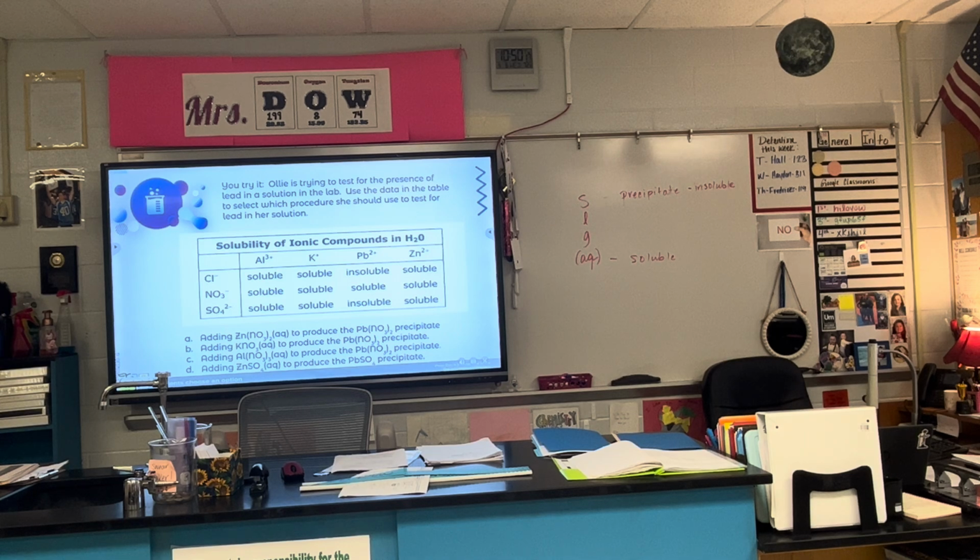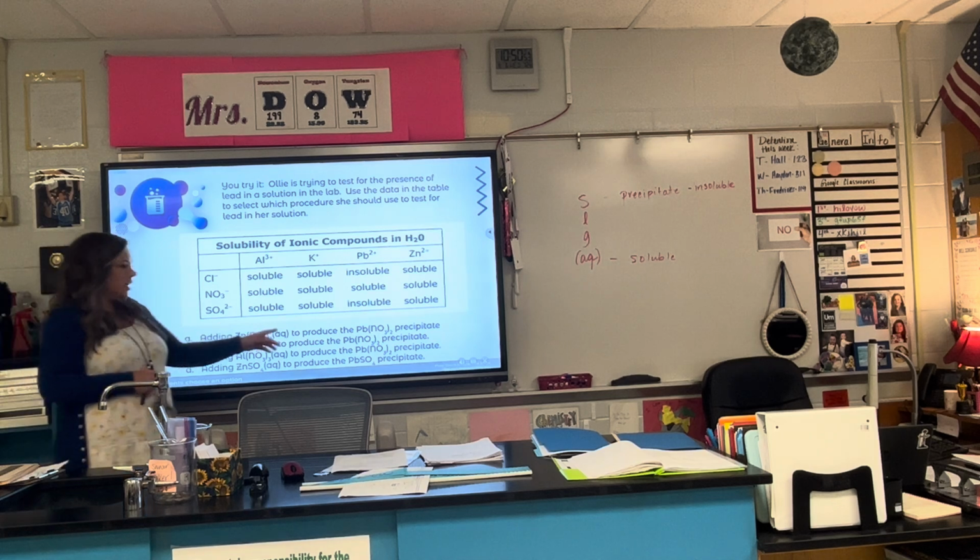It says Ollie is trying to test for the presence of lead in a solution in the lab. Use the data in the table to select which procedure she should use to test for lead in her solution. So look at your options. Which one would show her that she has lead? D. I think it'd be B. Looking at the chart, the only one that makes sense is D, because that's the only one that says it's insoluble.